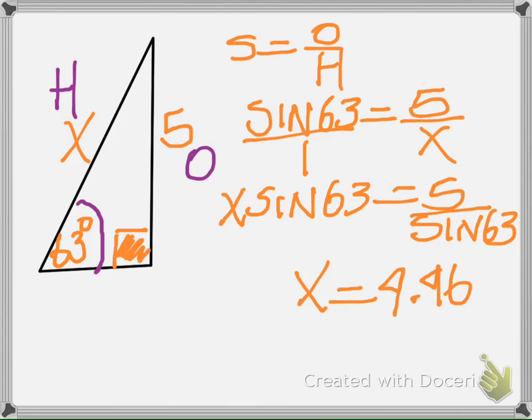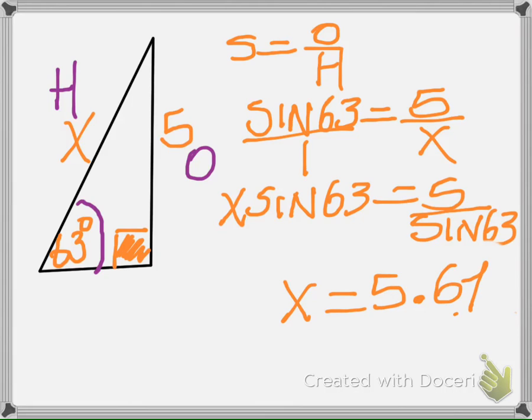So I made a mistake, and I need to go back and check my work. Probably I didn't put it correctly in my calculator. I went back and did 5 divided by sine of 63, and I got the correct answer. So I'm going to correct it. The hypotenuse should have been 5.61.